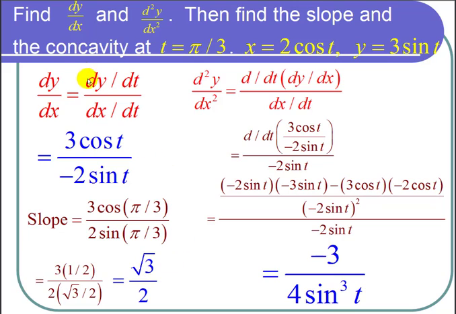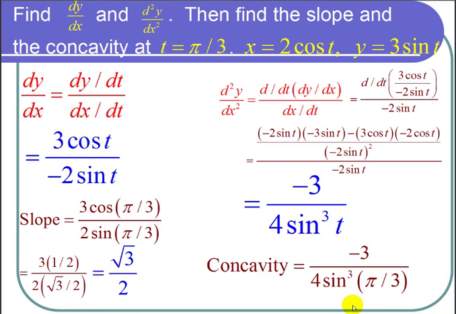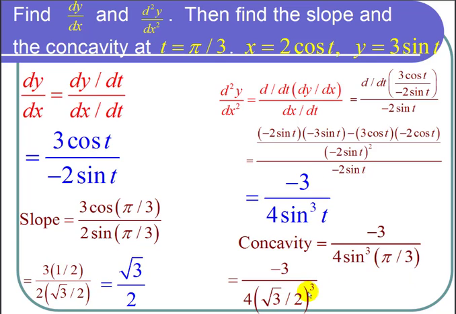So finally, let's find the concavity at t equals pi over 3. So that means I plug in pi over 3 into the second derivative. So I get negative 3 over 4 times the sine cubed of pi over 3. Well, the sine of pi over 3 is root 3 over 2, and I cube that.